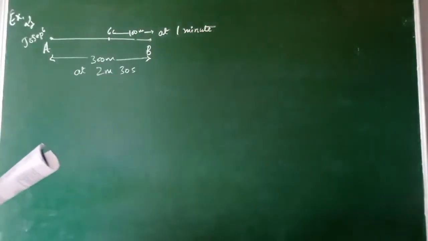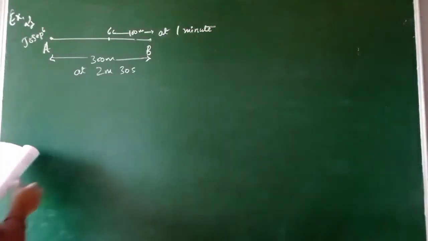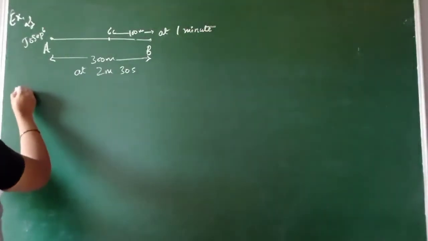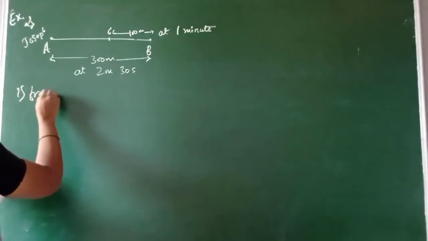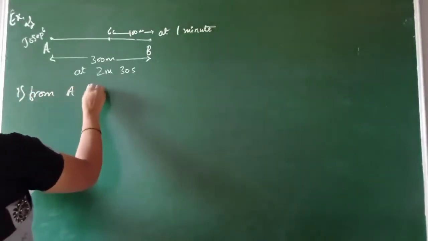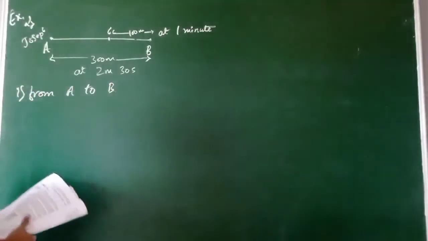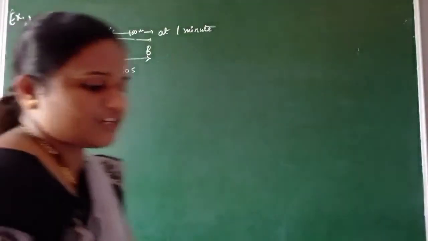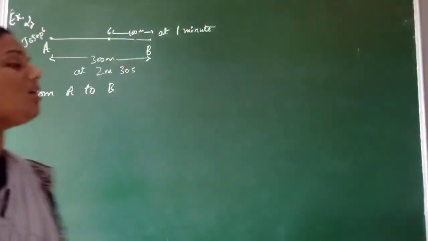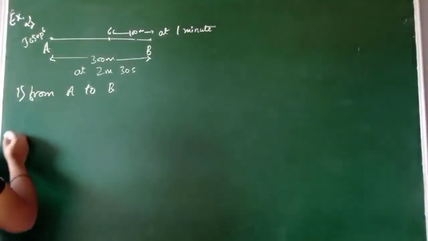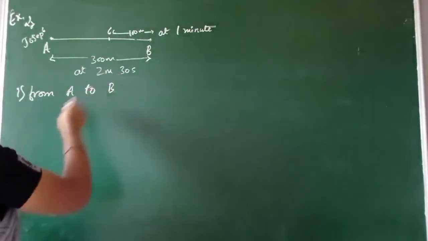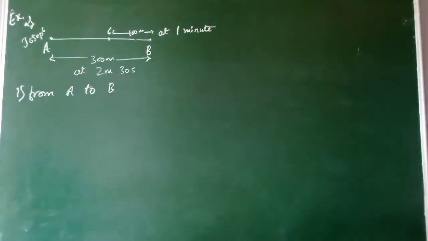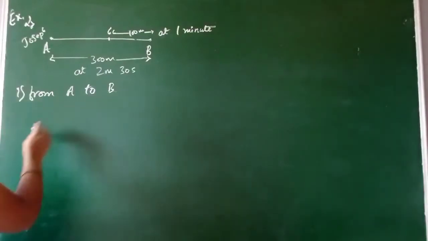So, for this, we need to calculate first from A to B. Average speed and average velocity we have to calculate. So, first, children, we will calculate the first one, that is from A to B.